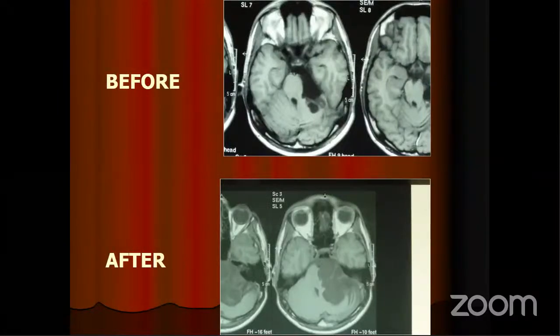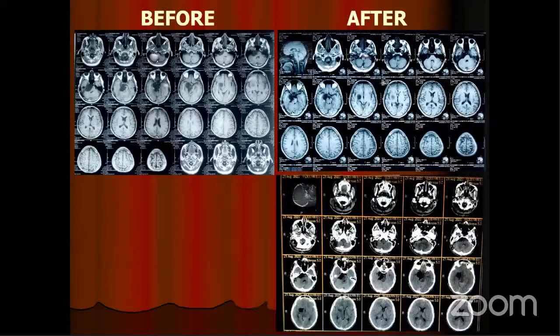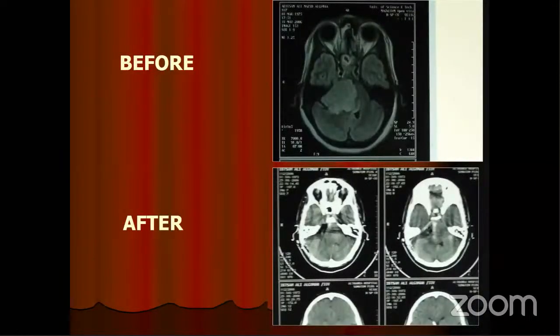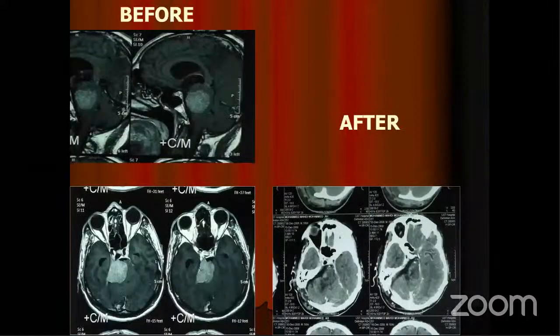This is another case of epidermoid, a right side epidermoid going to the ciliary region, which was completely taken from the posterior fossa approach. This is another case also. You can see this is a very large tumor pre and post, and this is a very large tumor to the brainstem, which was taken through the same approach.